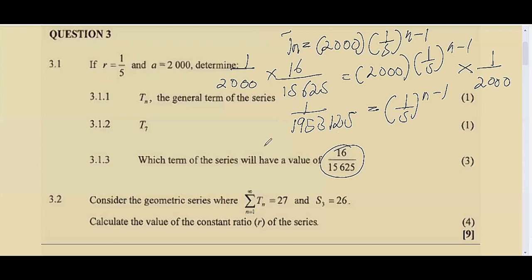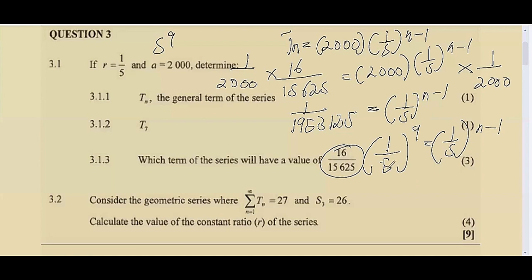At this point, we can go ahead and try to write this in exponential form. If we take this number and press it into our calculator, equal sign, then shift fact, that will give us 5 to the exponent of 9. Then we can write all this as 1 over 5 to the exponent of 9 is equal to 1 over 5 to the exponent of n minus 1.